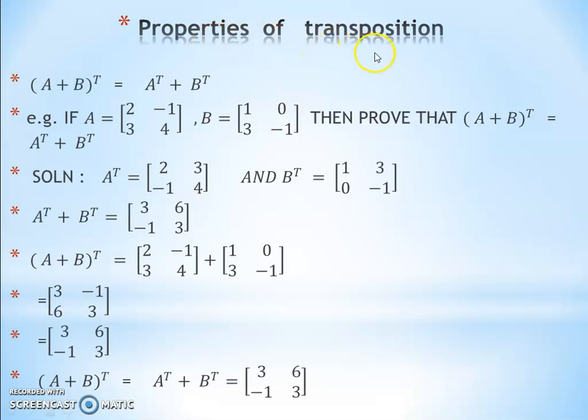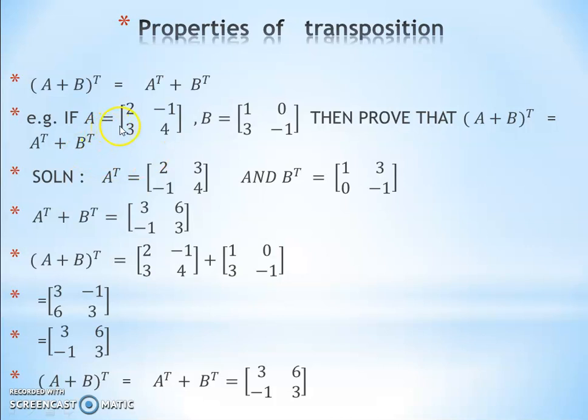Properties of transposition. The first one is (A plus B) raised to T is equal to A raised to T plus B raised to T. That means the transpose of the addition of two matrices is the same as the first matrix transpose plus the second matrix transpose. Let us check this property using an example.